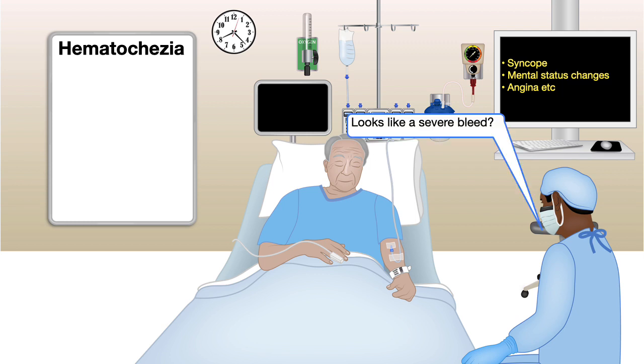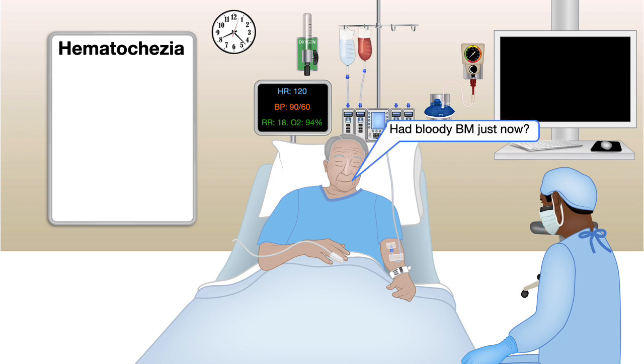So this is something where you wonder whether the patient has a severe lower GI bleeding. And while you're talking, the patient says, I just had another bloody bowel movement, had multiple bowel movements in the last 3 to 4 hours.